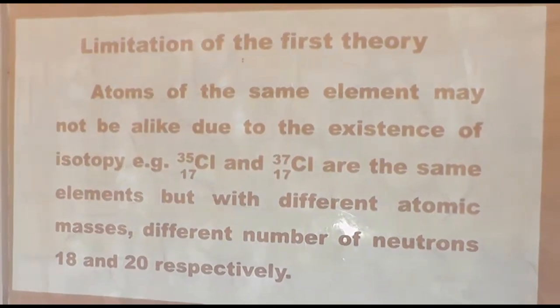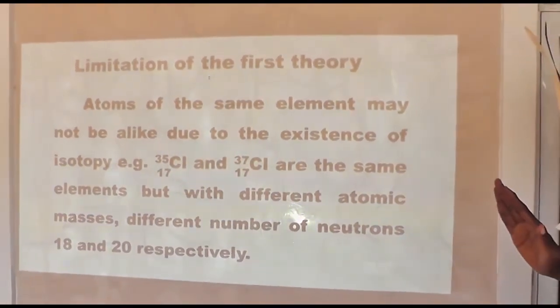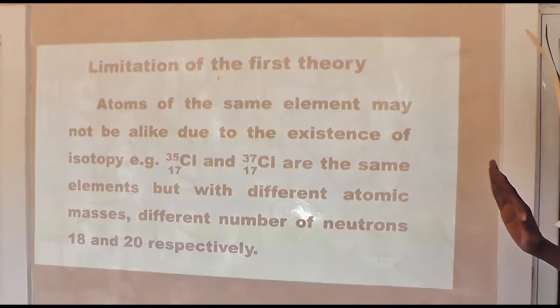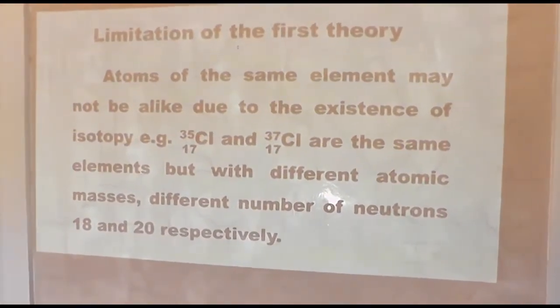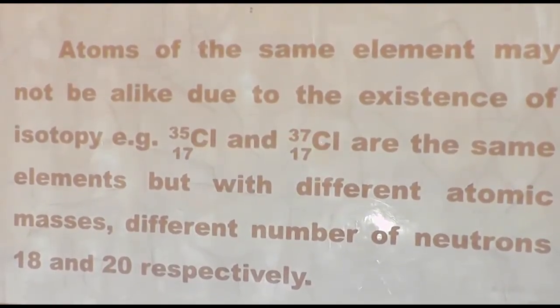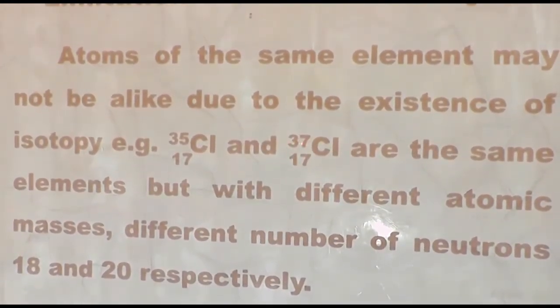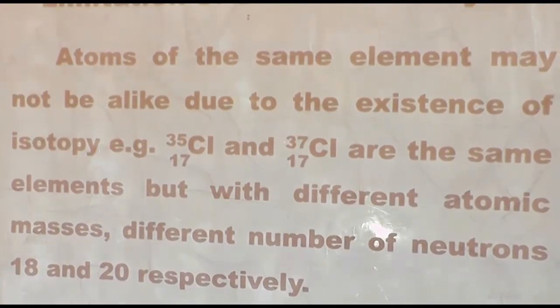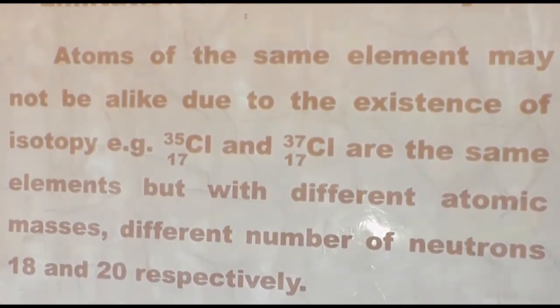But comparing the atomic masses, you will discover that the first has an atomic mass of 35 and the second has an atomic mass of 37. This is a difference that arises because of the difference in their number of neutrons. Now, when you look at these two atoms of chlorine, they have the same atomic number but different atomic masses.